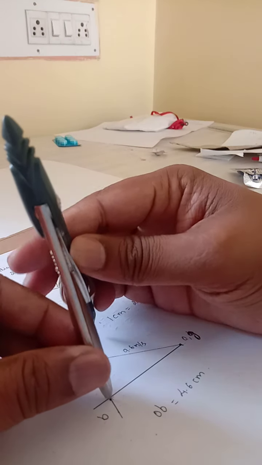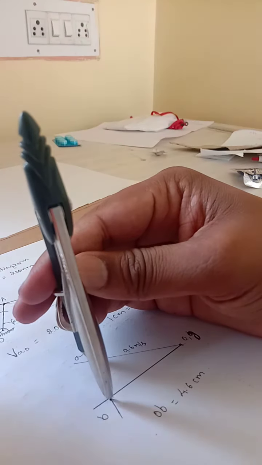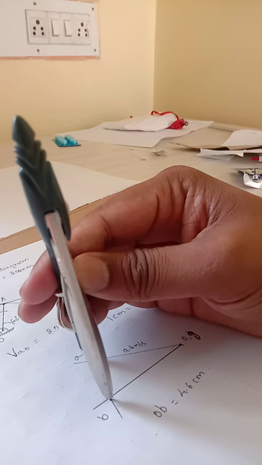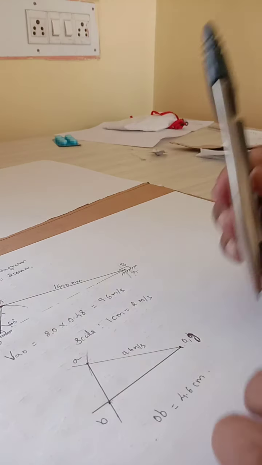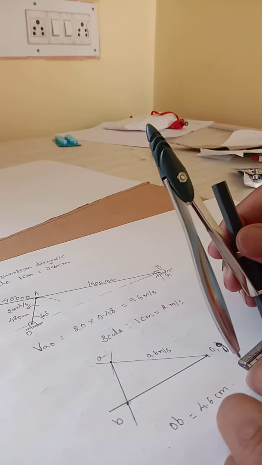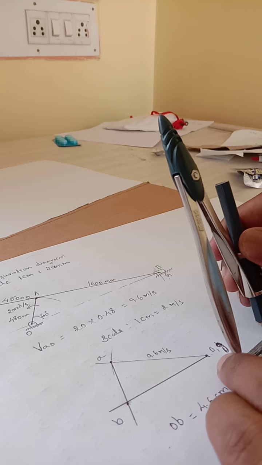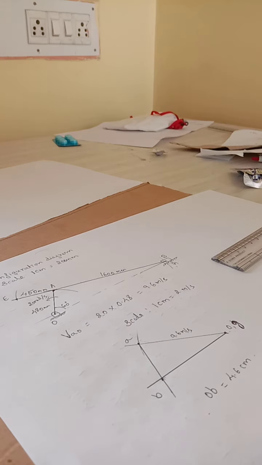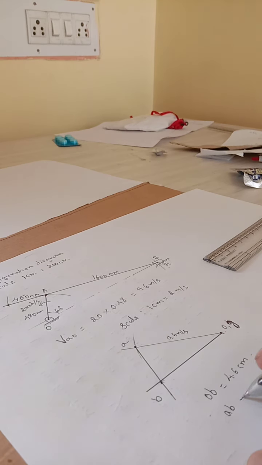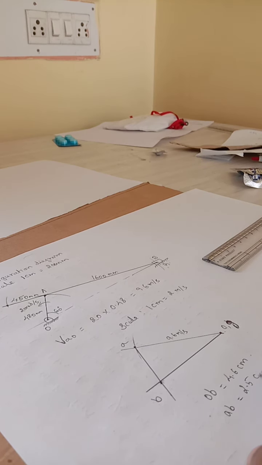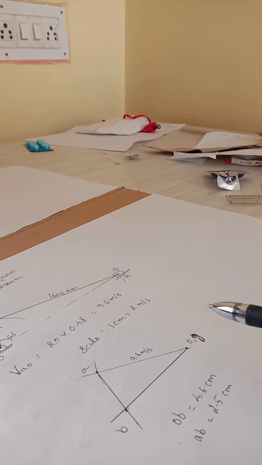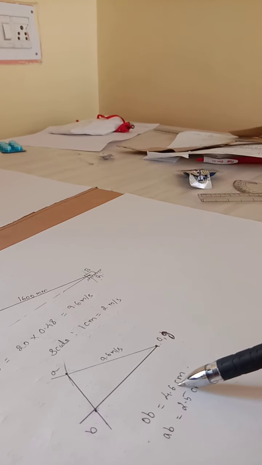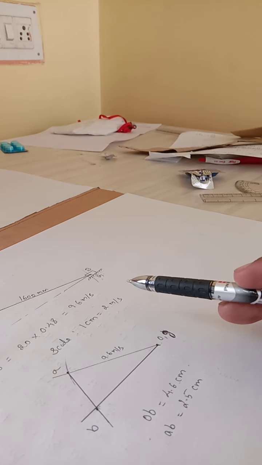Similarly, I have to measure AB also. AB comes to around 2.5 centimeters. So I have taken the scale already. Now I have to transfer this measured value to the scale.